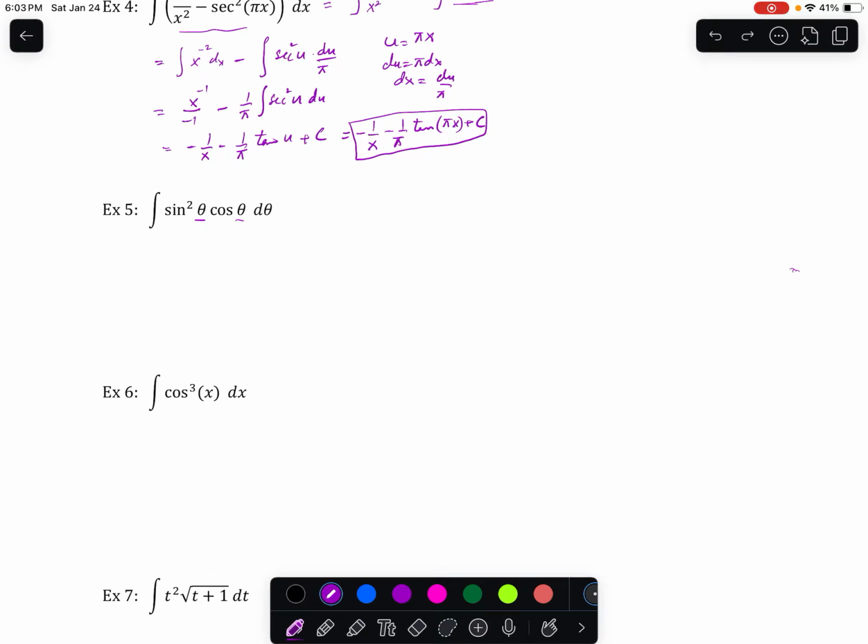So now, again, the first thing you have to do is compare with your table of integrals. If it doesn't fit there, then we have to think about manipulating it, doing something else.